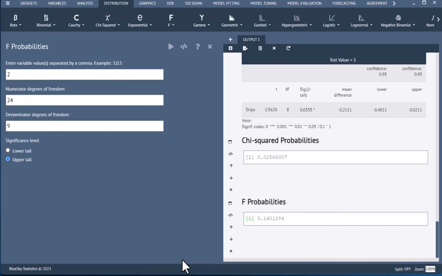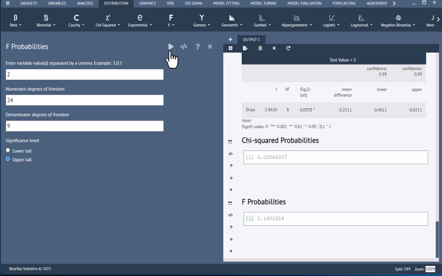So if you go into BlueSky, you choose the F distribution, and we want the F probabilities. We want the F probability for a ratio of 2, with 24 degrees of freedom in the numerator and 9 degrees of freedom in the denominator.